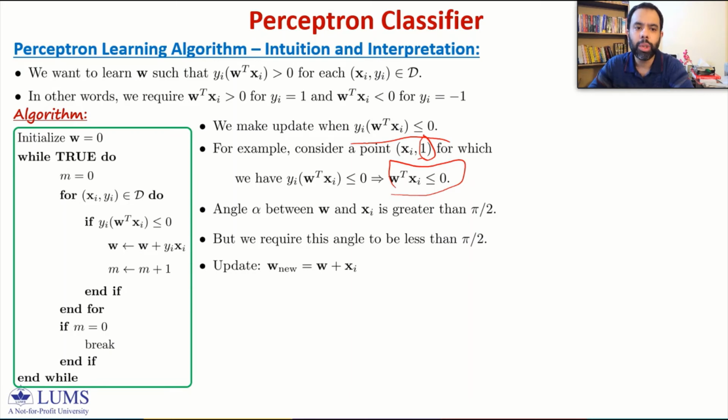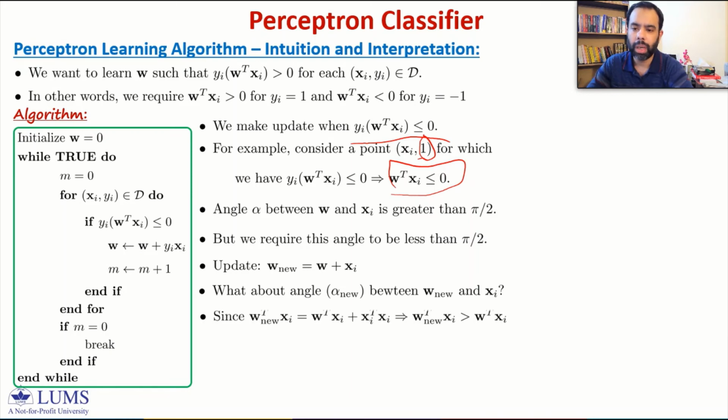What about the angle between this new W and xi? Let's call it alpha new. We note that if you take an inner product of this new vector and xi, because W new is W plus xi, it is given by W transpose xi plus xi transpose xi, and consequently we can say that W new transpose xi is greater than W transpose xi.